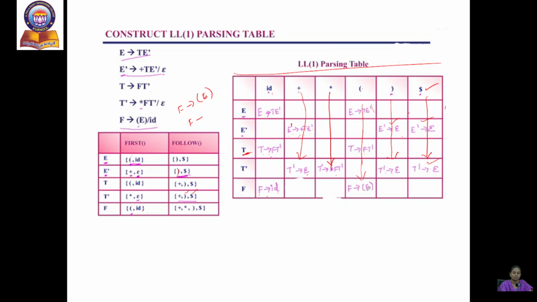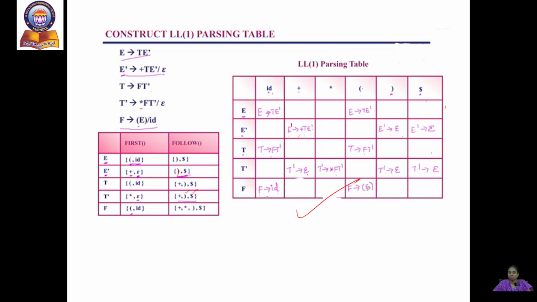Sometimes they'll ask you to directly construct a predictive parsing table with the help of given first and follow functions. Directly they'll provide you the first and follow values, and they'll ask you to construct the LL1 parsing table or predictive parsing table. Then you can follow this procedure and construct the table directly. Sometimes a grammar has been given and they'll ask you to construct the LL1 parsing table.